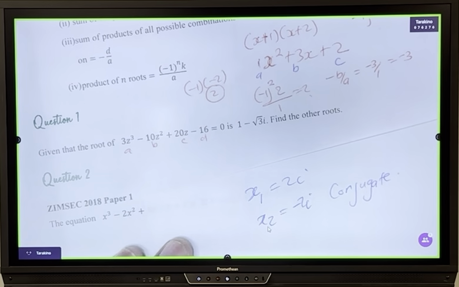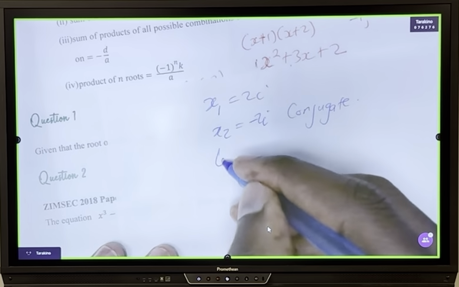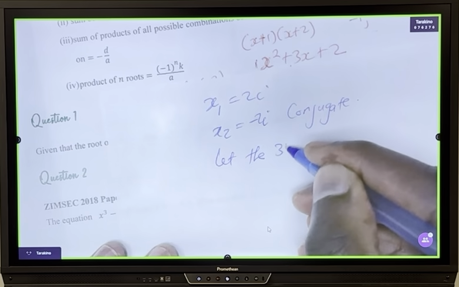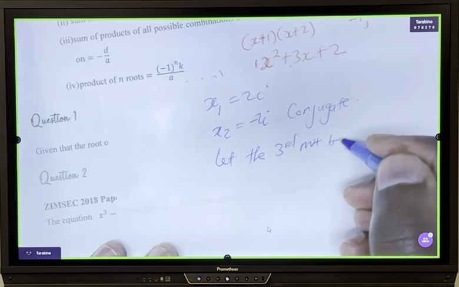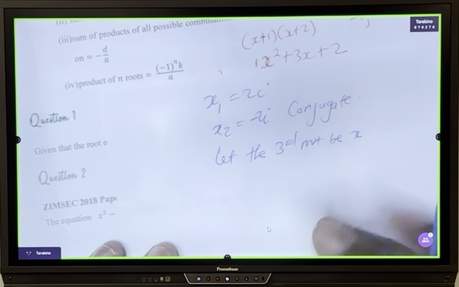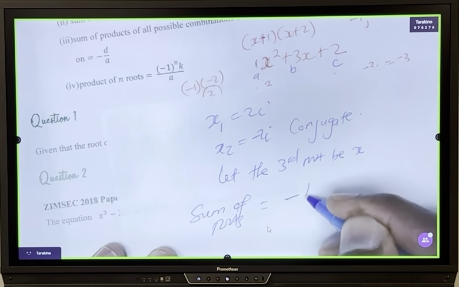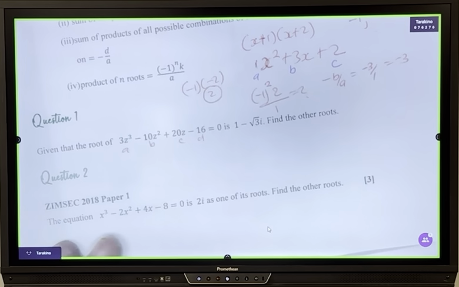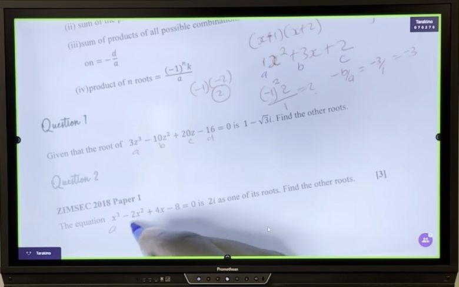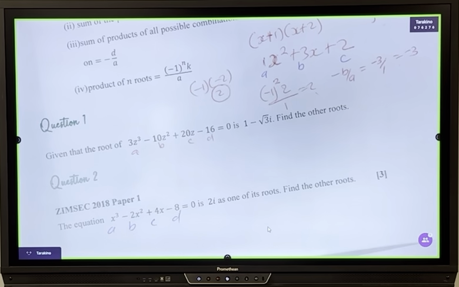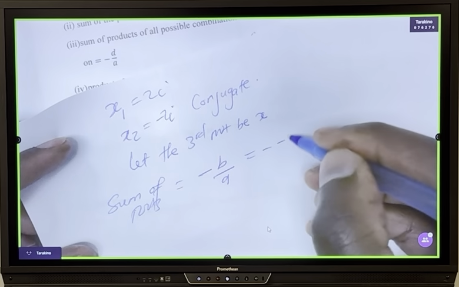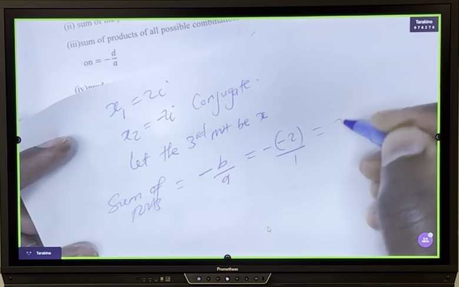To find the third root, let the third root be x. You know that the sum of roots will be equal to minus b over a. With your a, b, c, and d, it's minus negative 2 over 1, which is positive 2.